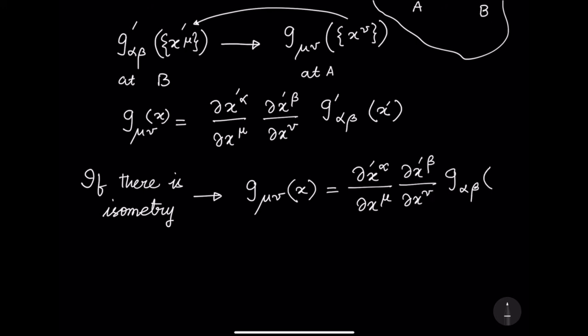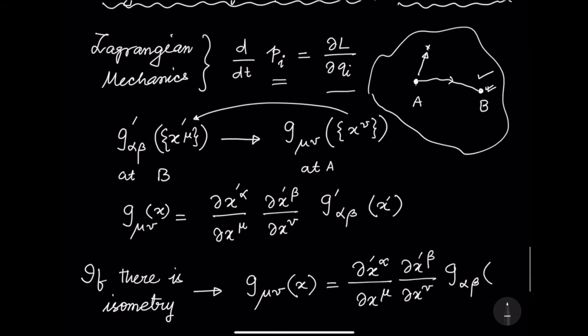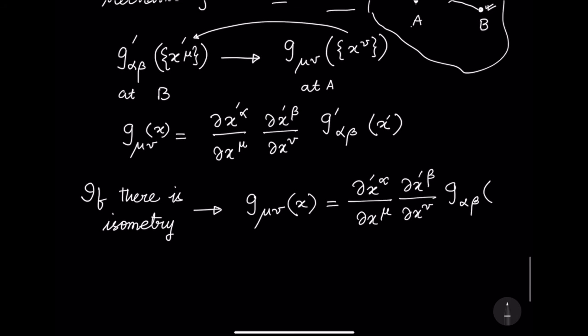But of course, if I have a point here and I am measuring the metric at this point, say G, the position of G with respect to A and B will be different, that particular position. So I should be writing x prime here.